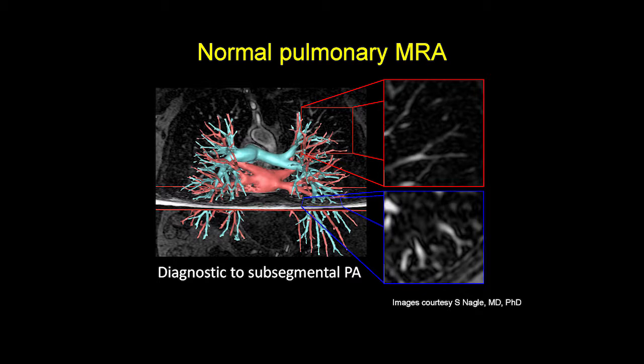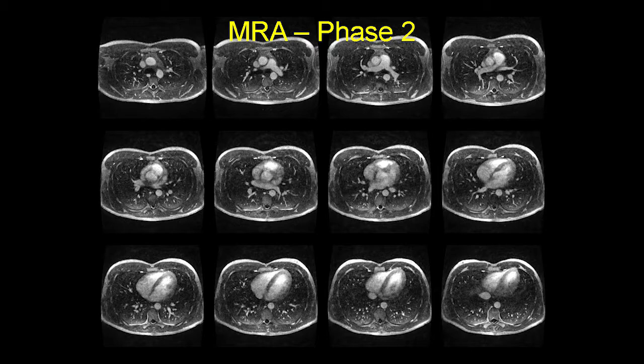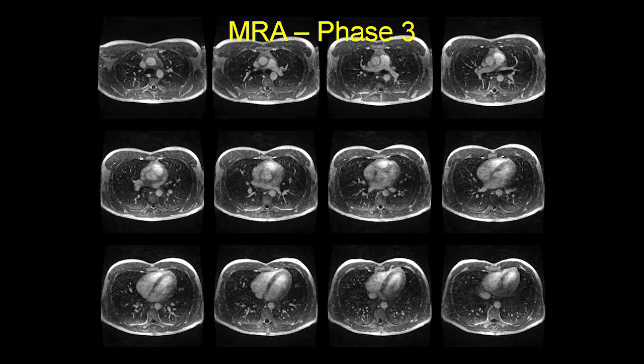And when things look well, we can see out to the second or third order subsegmental pulmonary arteries. And then here's just another patient that did not have PE, showing the dynamic nature of our acquisition.